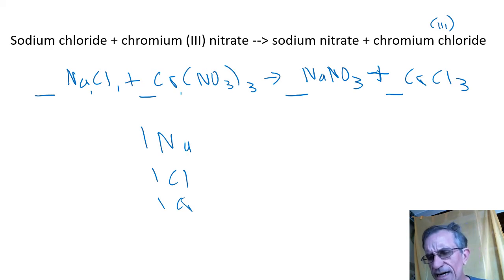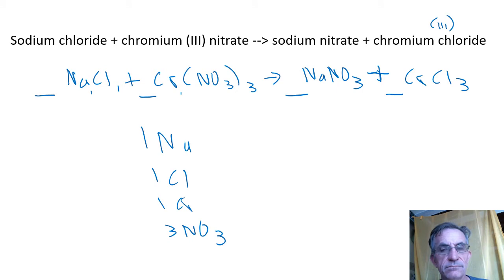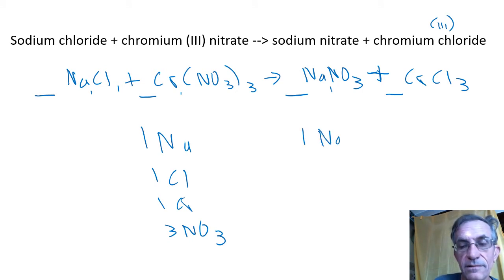It's a polyatomic, and I see the same polyatomic on both sides, so let's just think of it as a group: 3 nitrates. On the right, sodium is 1 of them. Hopefully this isn't making it more confusing. There's really just 1 of those nitrate units.